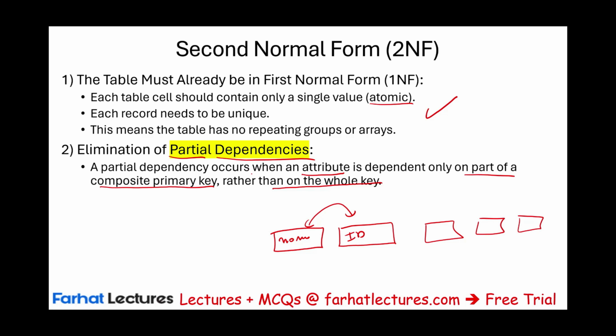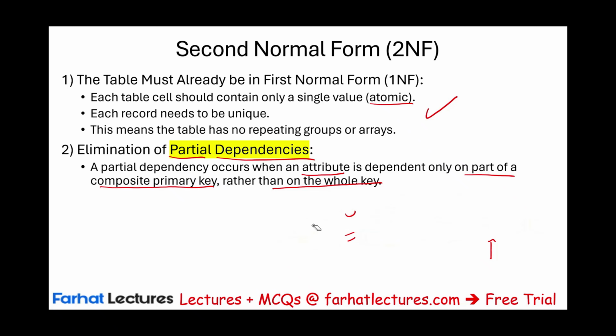A partial dependency occurs when an attribute is dependent only on part of it. So let's assume one attribute is the email, just for the sake of illustration. If the email is dependent only on a part of the composite primary key rather than the whole one, so the email is associated only with the ID, or only with the name, well, then we have a partial dependency.